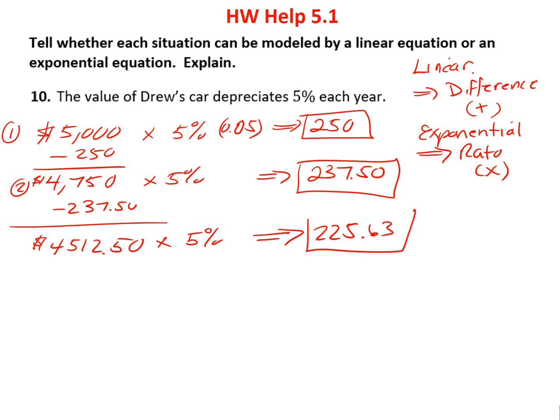This, rounded off, is going to be 225.63. So notice it's not going down by the same amount, because each year when you depreciate 5%, the car is worth less than it was the year before. So these amounts keep going down, so your depreciation is going down. So in this case, this is an exponential function.